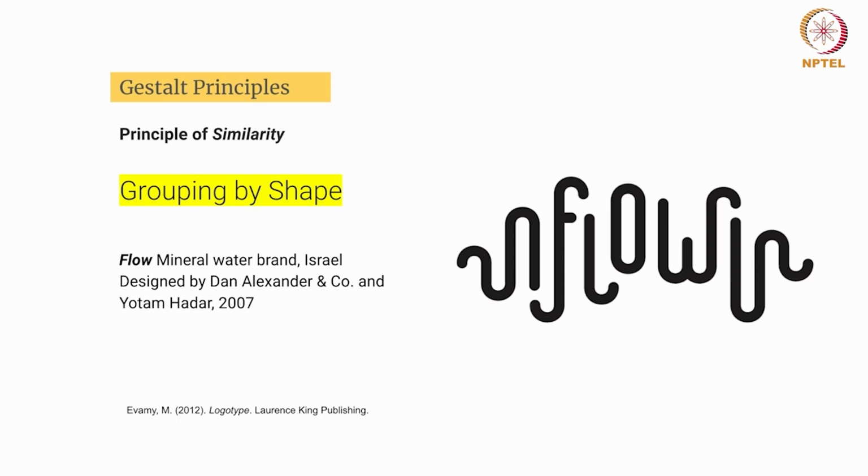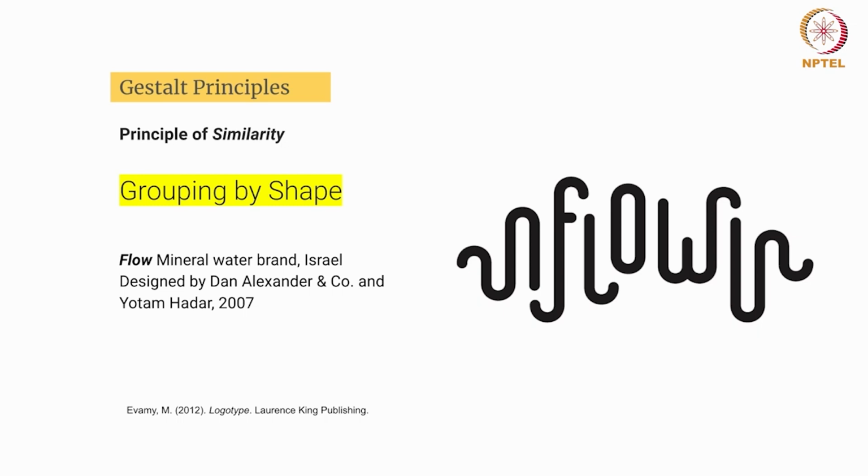You can see here how the soft strokes have been used to create an essence of water, right? This has been continued till the edge of the logo, and because of this similar representation of shape, you tend to take this logo as a whole. Sometimes we say the logo doesn't seem balanced, it seems very odd, some elements are not connecting.